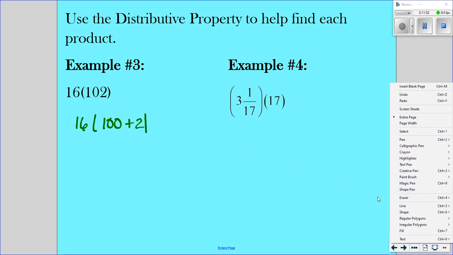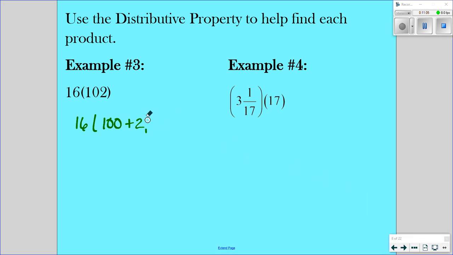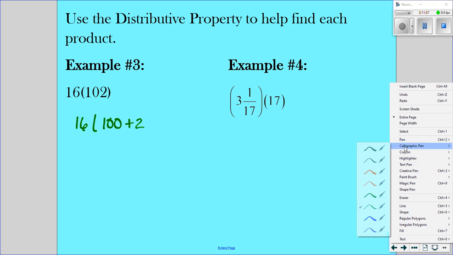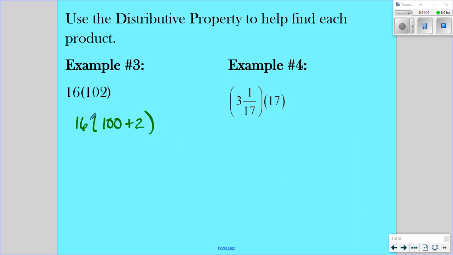So then you'll have 1600, and then this will give you 32. And then you can add it, and you get 1632. Rather than doing the multiplication in the calculator, you could just break the number inside.